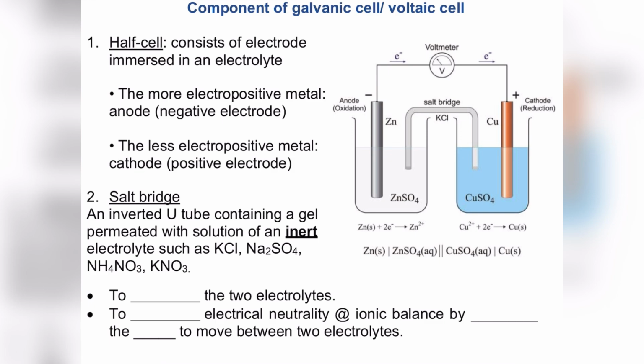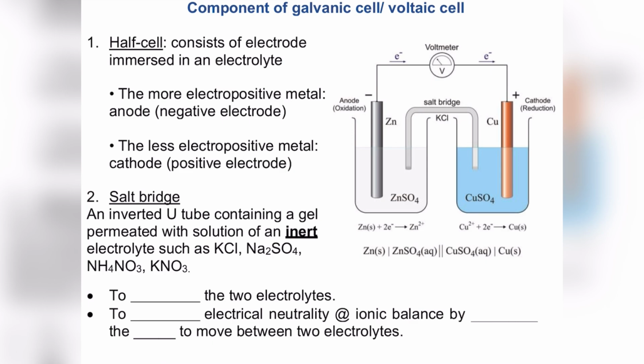And when you want to set up, the more electropositive metal will be our anode. So in this galvanic cell, the anode will be our negative electrode. However, for the positive electrode, we call it the cathode.